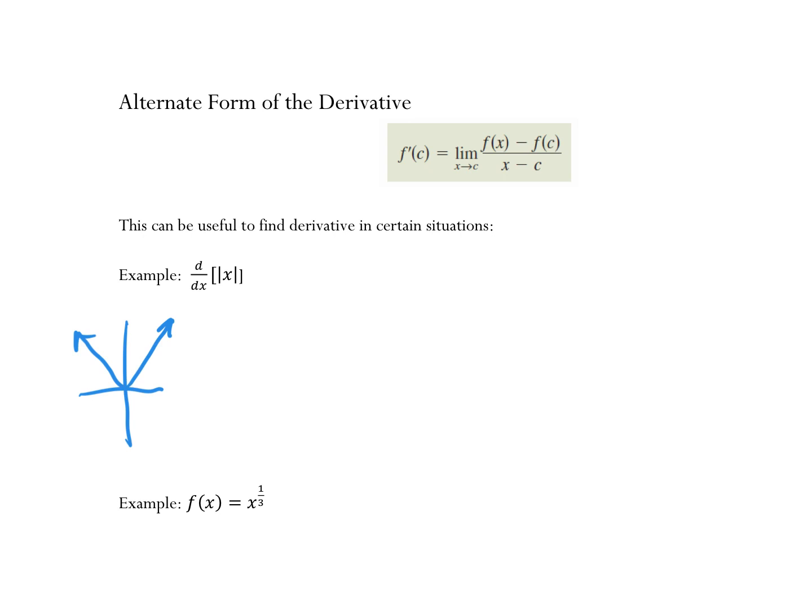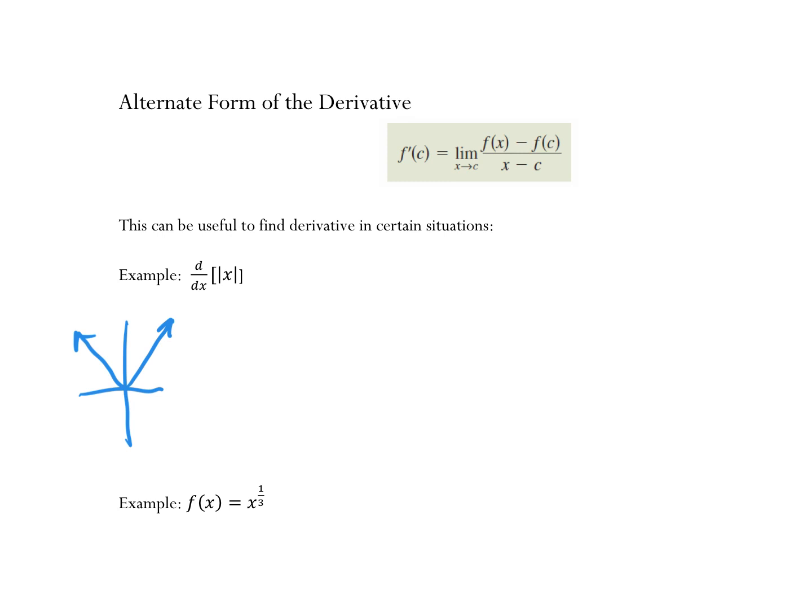It's like a sharp point. Well, it's non-differentiable at that point, but we can differentiate it from both sides. So this alternate form of the derivative gives us the opportunity to look at it when the derivative might not be a pleasant thing to look at. Does that make sense? All right.